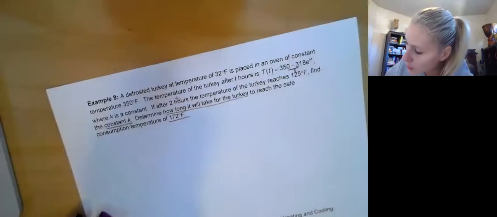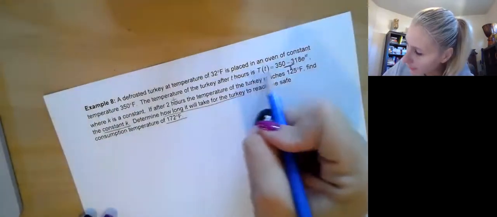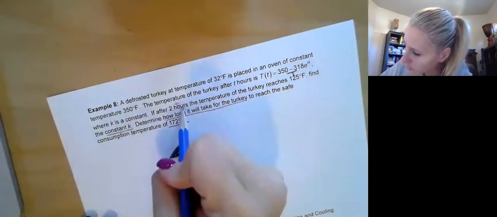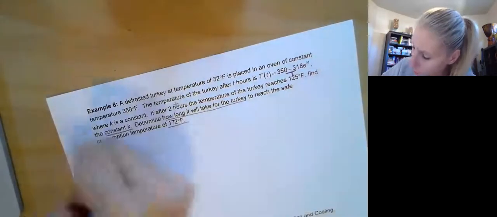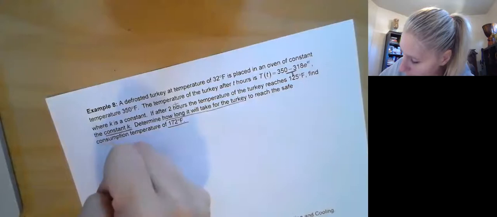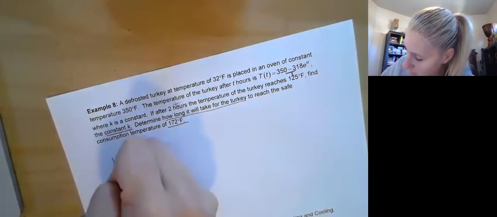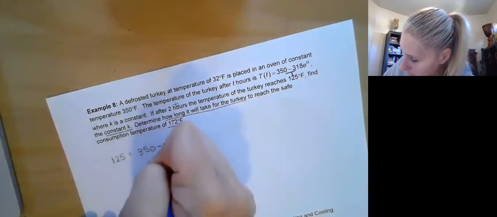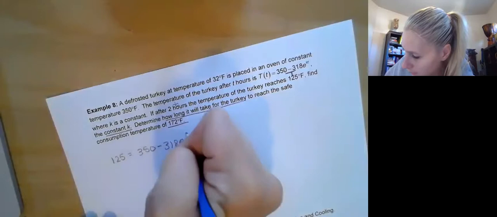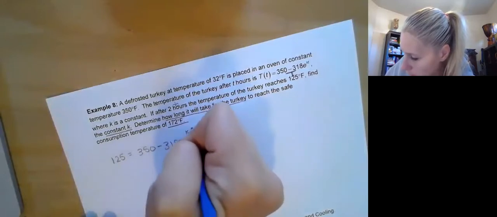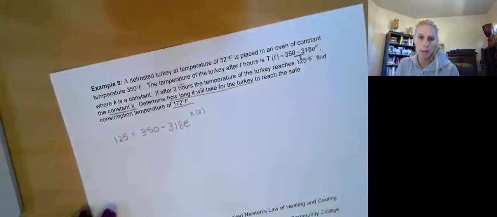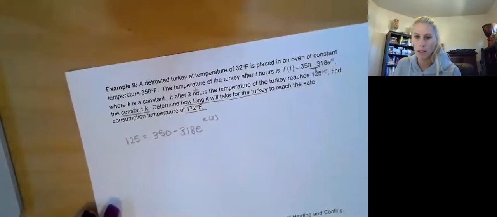All right, so what we know is that in 2 hours, the temperature of the turkey reaches 125. And then let's plug in the equation they gave us. k we don't know, but we know that it took 2 hours to reach 125 degrees Fahrenheit.